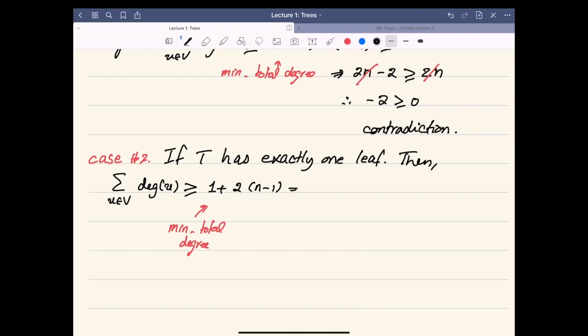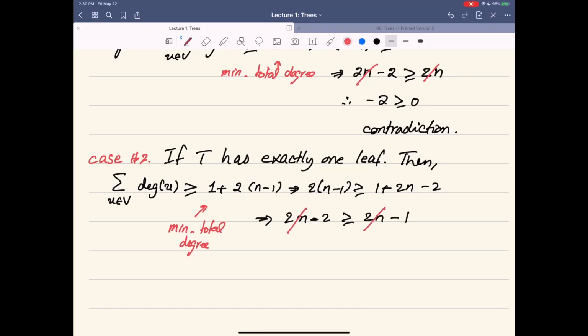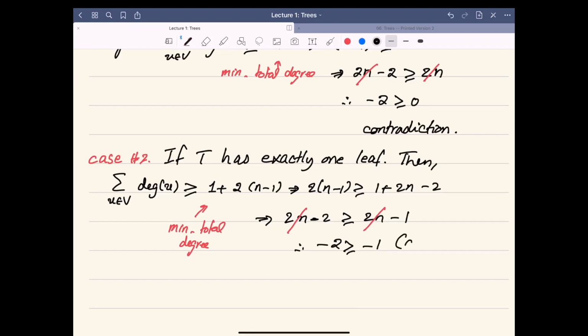So this is the equation we will get, and remember for a tree we have 2n minus 2 greater than or equal to 1 plus 2(n minus 1), and this equation will be 2n minus 2 greater than or equal to 2n minus 1. So therefore minus 2 is greater than or equal to minus 1, and this is also a contradiction, because minus 2 is not greater than or equal to minus 1.